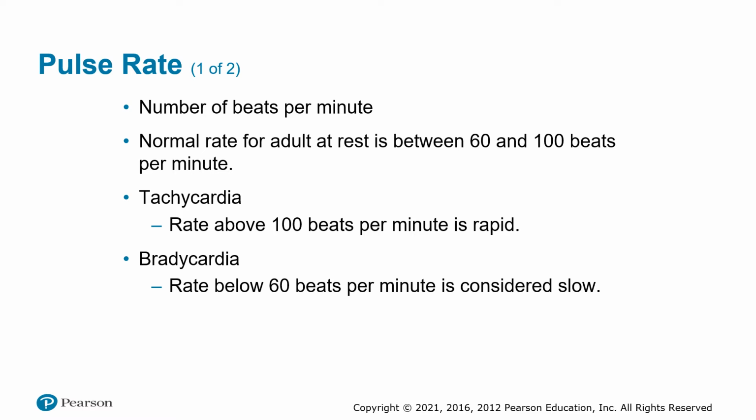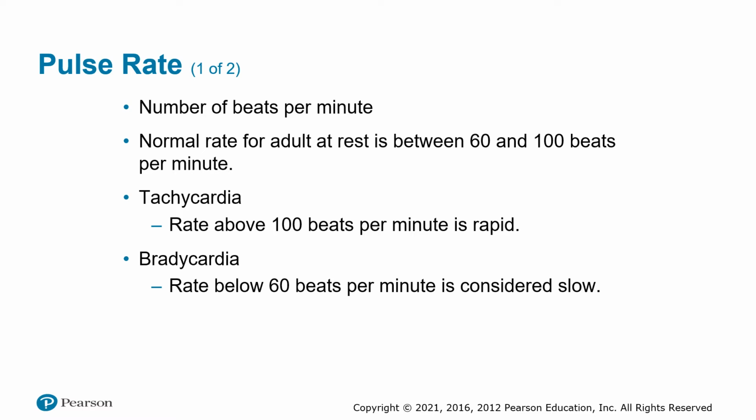Bradycardia, again, I'm not going to treat a patient who is at 50 if they don't have any other signs and symptoms. So bradycardia is less than 60. Some patients who are athletes who work out, their heart rate can be in the 50s or 40s. Patients who are on medications, such as beta blockers, have a lowered heart rate.